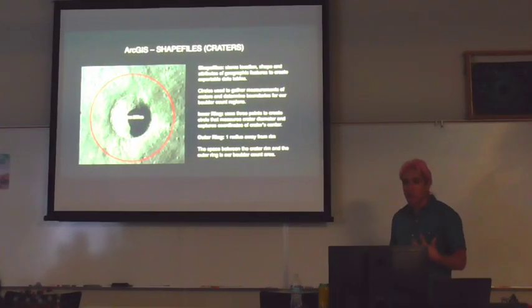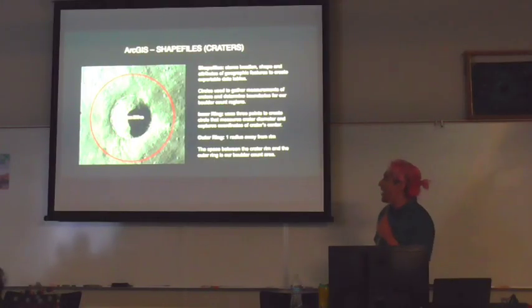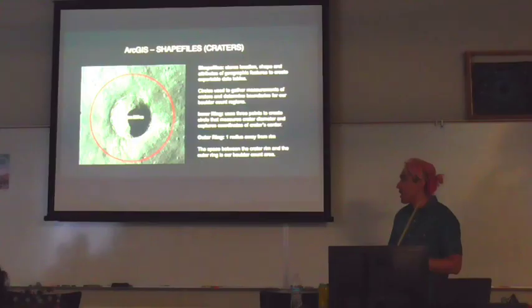This is starting to get into more of the nitty-gritty, but now we're in the second phase of the project, where we're starting to conduct our boulder count. We had to make constraints on the area in which we were going to be counting.